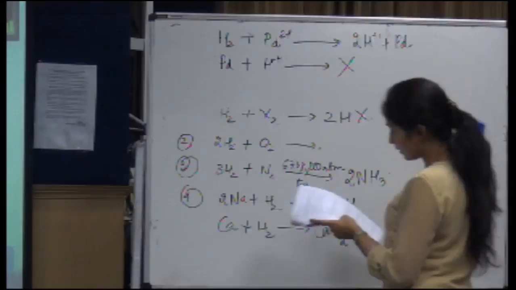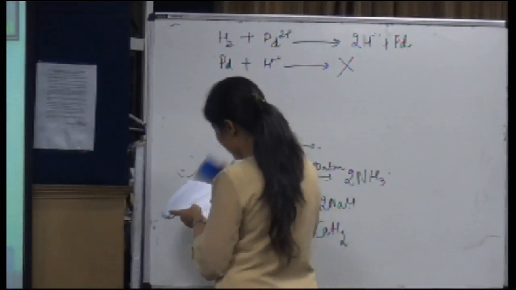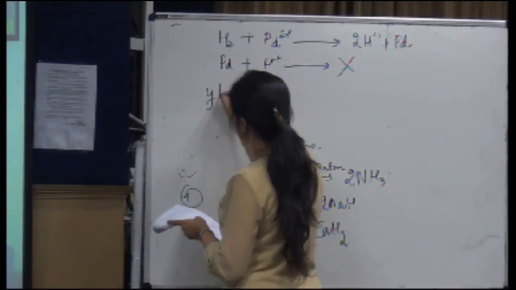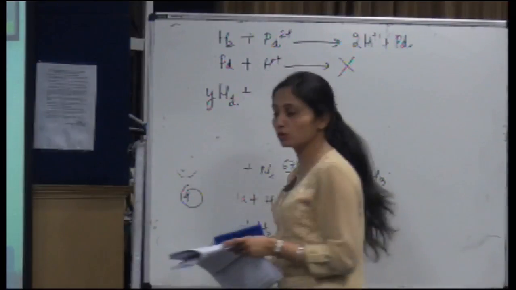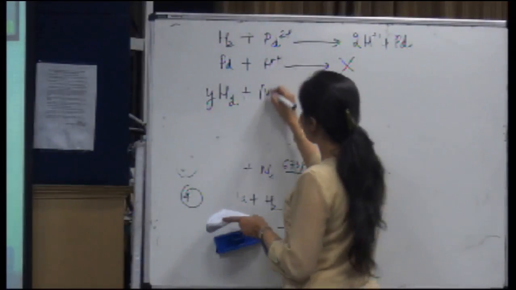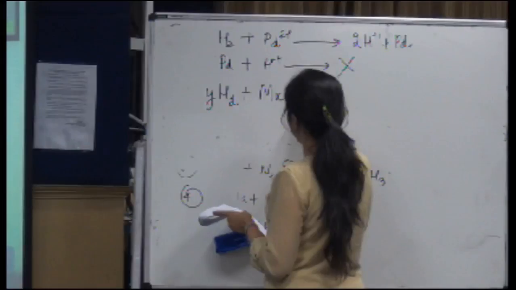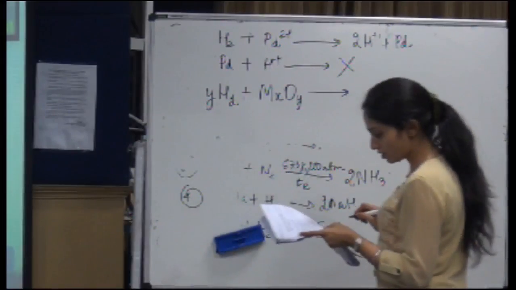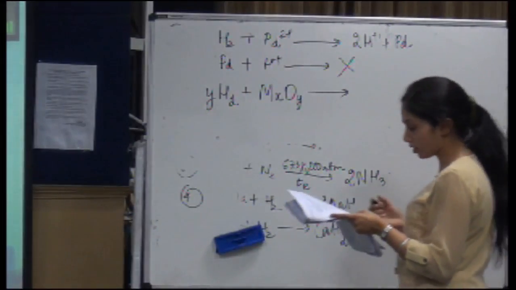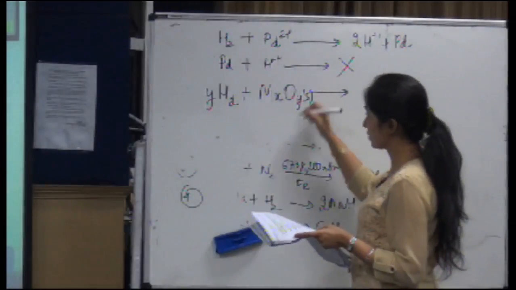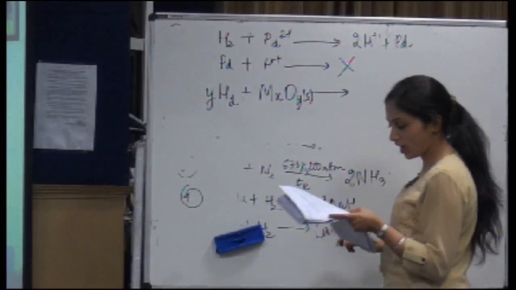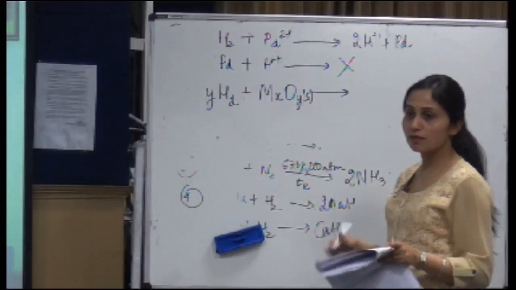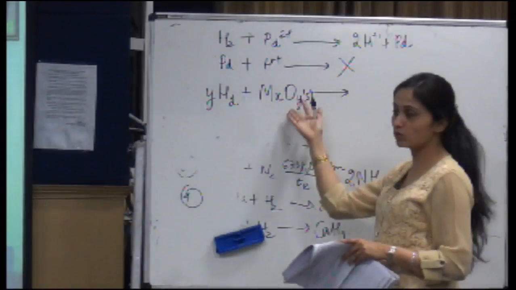Okay. Then there is another reaction that is generally put here. You can have any number of moles of H2 reacting with MxOy to form what? Where your M should be less reactive. So what will you have? You will get the corresponding metal plus what is going to form?